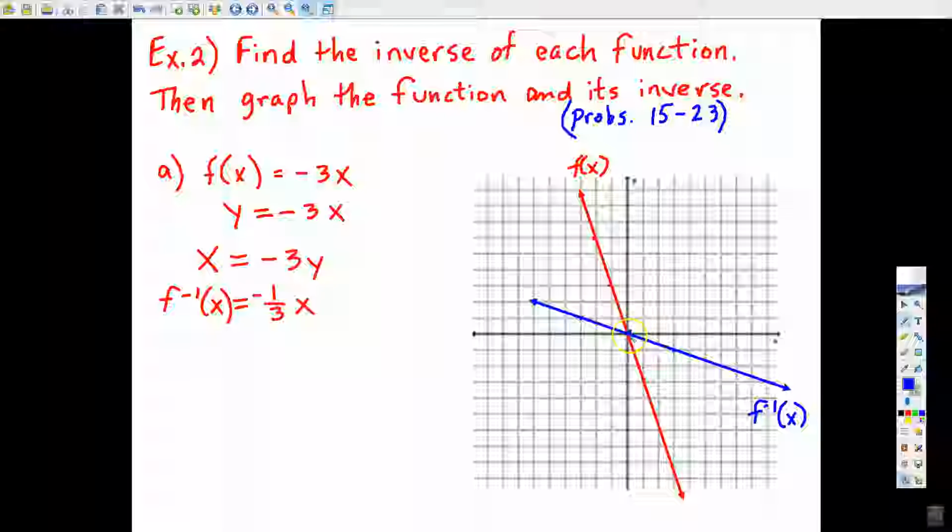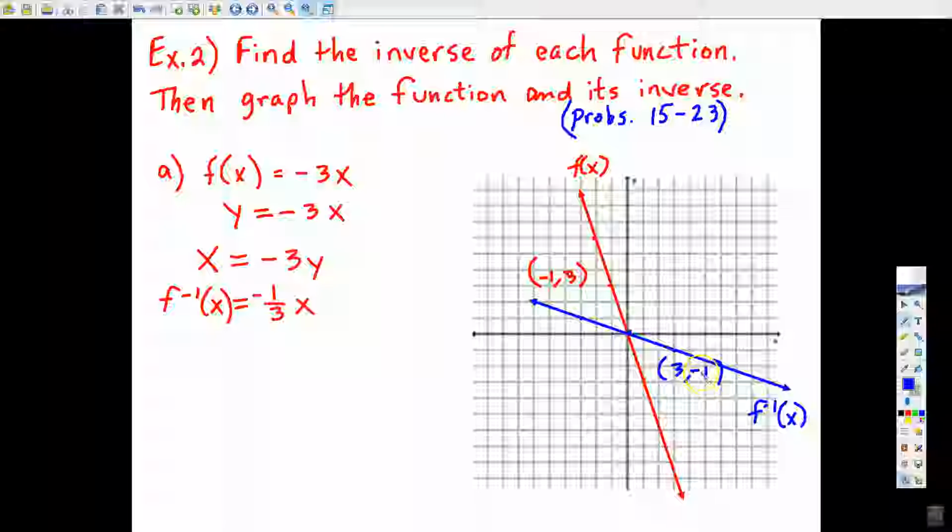Well, the inverse must contain (3, -1). If you just take those ordered pairs and switch places with them, then that's an easy way to come up with the graph of the inverse.